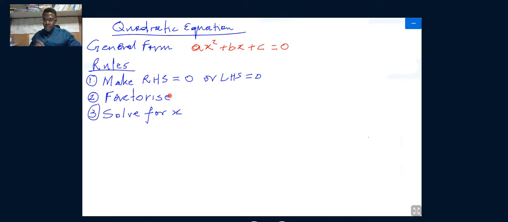I'm going to do example number 1. Example number 1, I'm using a difference of two squares. Let me take the most popular one, x squared minus 16 equal to 0.